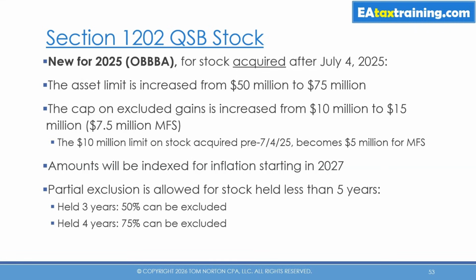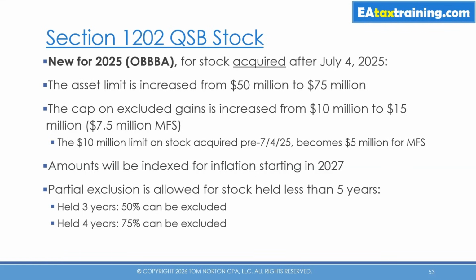So this is going to be for people who sell their stock in the future, not for people who have sold their stock in 2025, because it would be a rare case that you acquired the stock after July 4th of 2025 and also sold it in 2025 for a large gain.